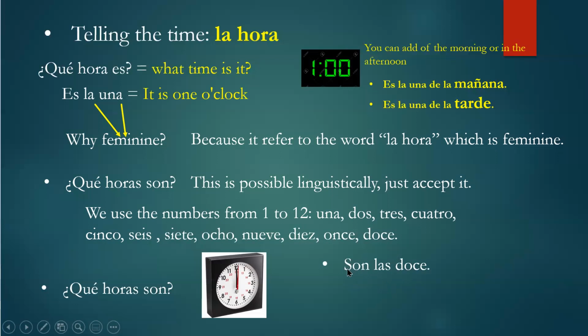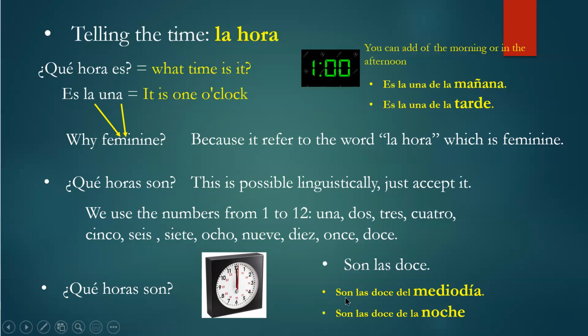Again, the hours are. You don't have the "the" there, you don't need to write it. Nobody will say it anyway. Son las 12. If you have more information, suppose that you cannot see outside, or somebody is locked up in some room and he has the time, you can tell the person son las 12 del mediodía.